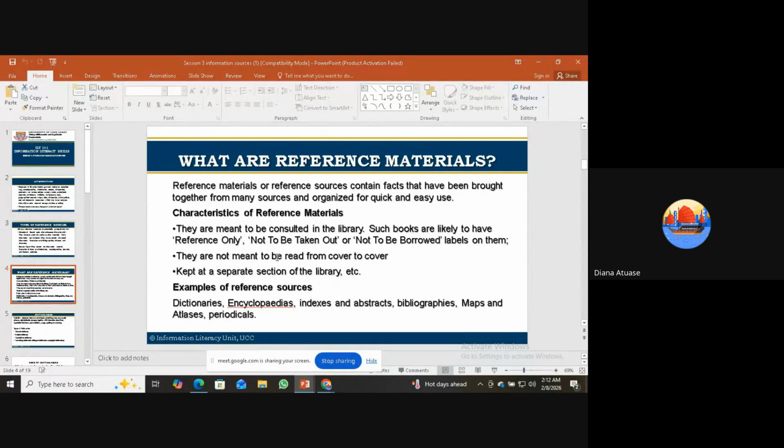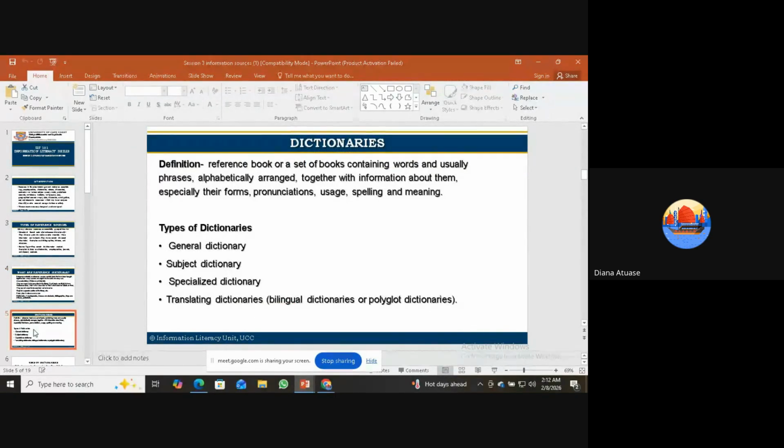For example, a dictionary is a reference material and it is arranged alphabetically from A to Z. A dictionary contains a set of words, and provides the meaning of words and phrases. They help somebody to know the spelling of words, the meaning of words, and how words can be used or even pronounced.